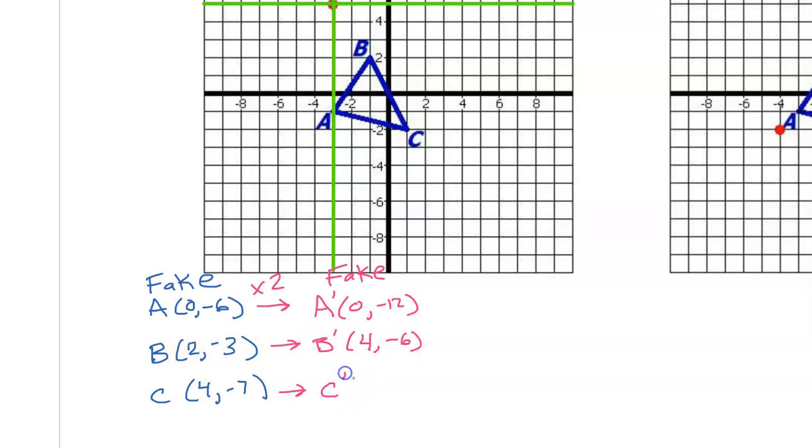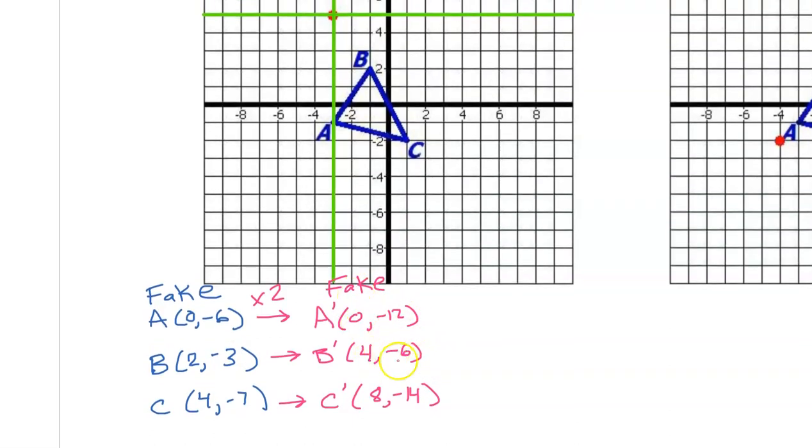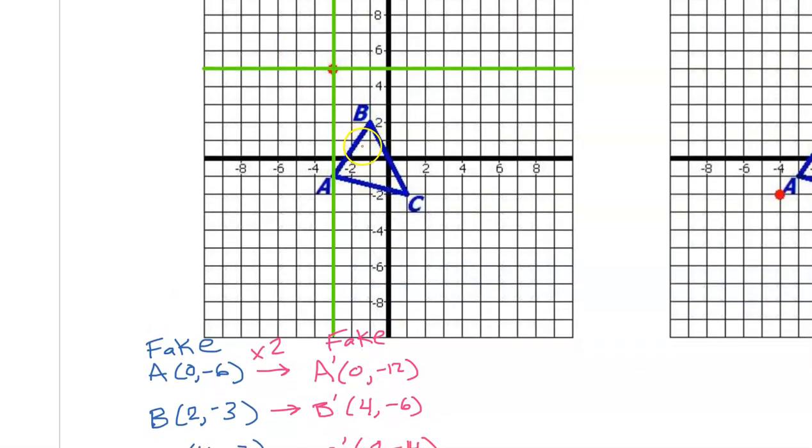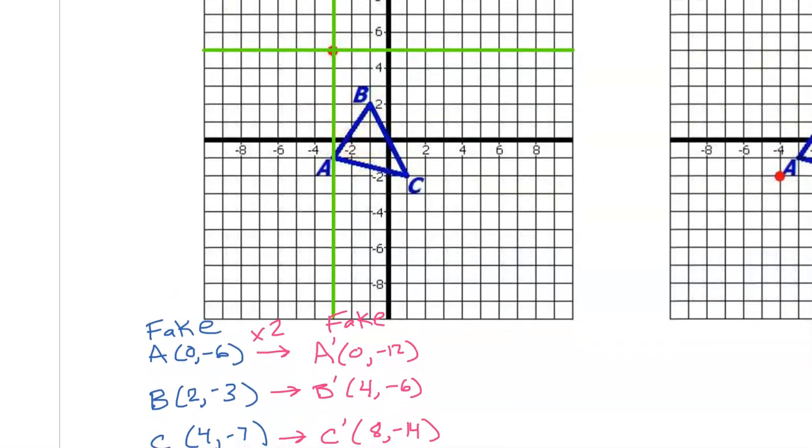Fake C prime is 8, -14. So the last step is to go ahead and graph these points, but these are fake coordinates, so I'm going to continue using the fake x and y axis.